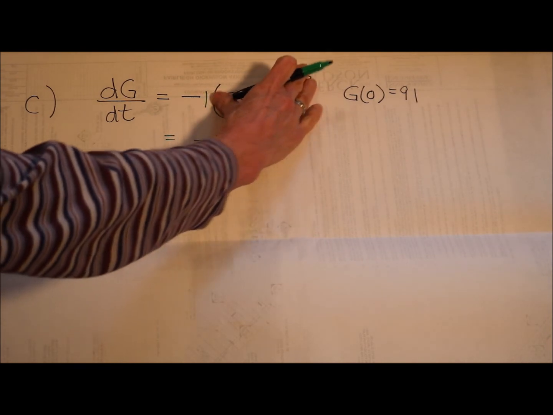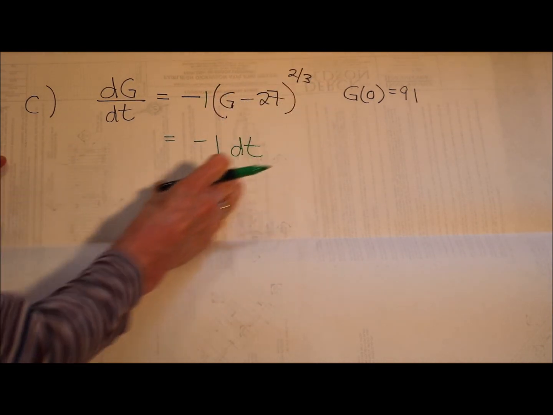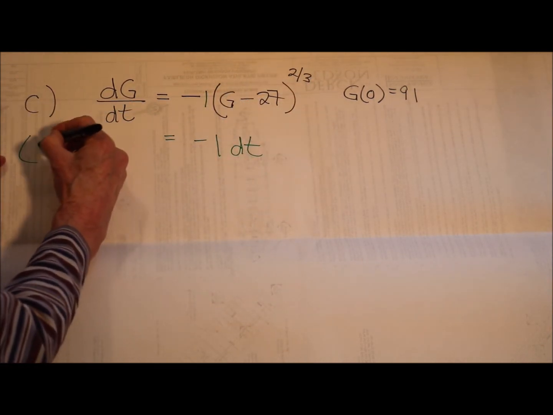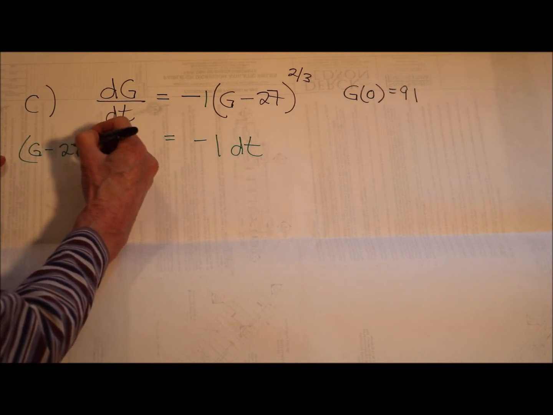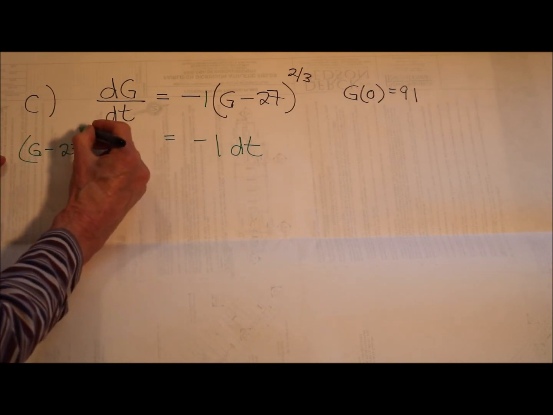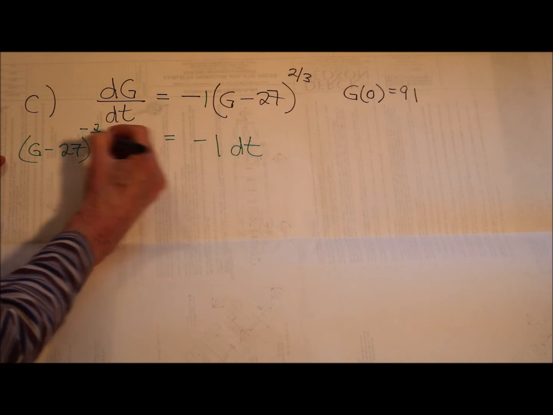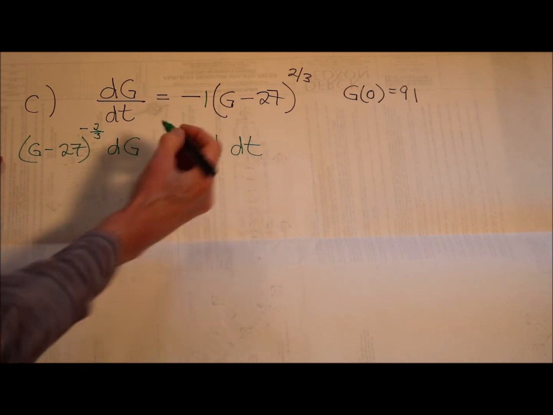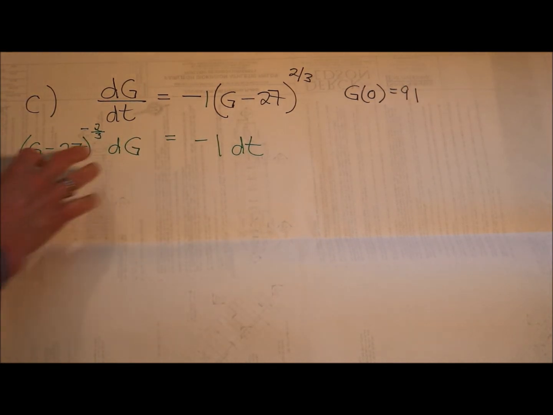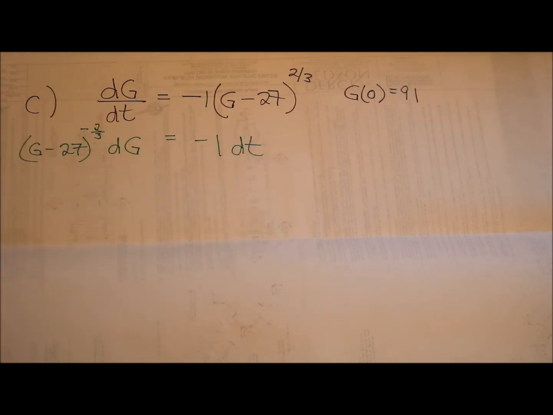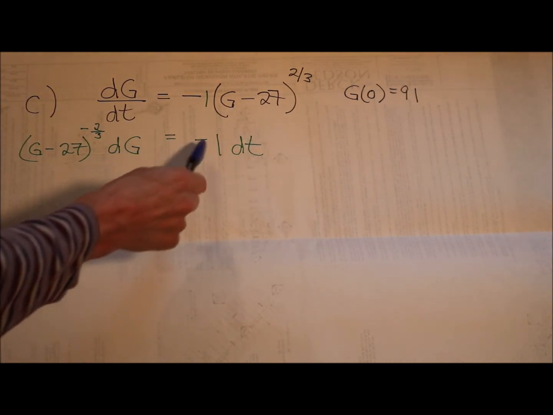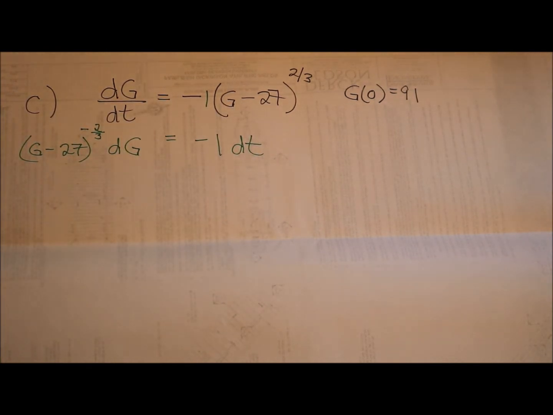I'm going to divide both sides by this whole thing, which, if you think about it, will just give me a g minus 27 to the -2/3 over here on the left. So I just brought the g terms over here, the t terms over there. It does not matter where the negative lives, but it's just easier to keep it over there, I think.